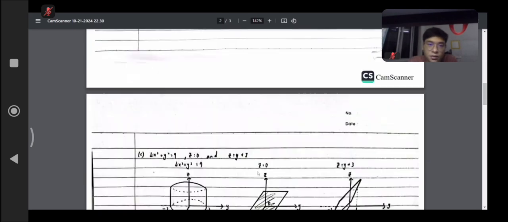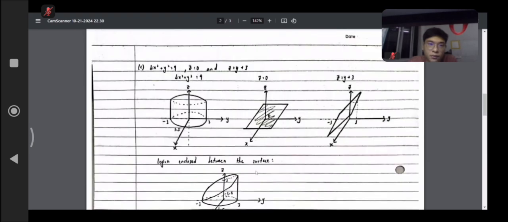For the third question, 4x squared plus y squared equal to 9, z equal to 0, and z equal to y plus 3. The equation 4x squared plus y squared equal to 9 will become an ellipse in the 2D graph, and an elliptical column in the 3D graph.